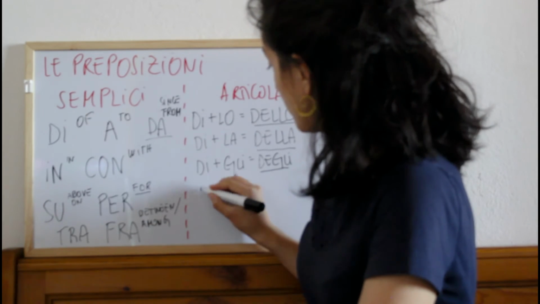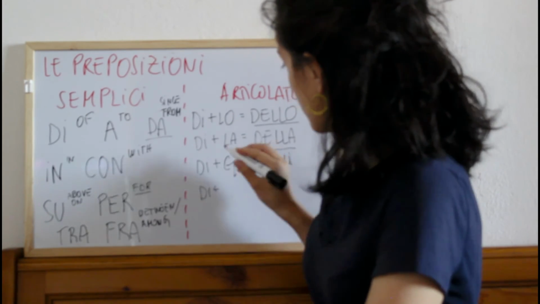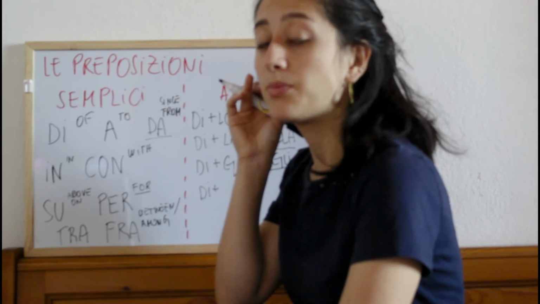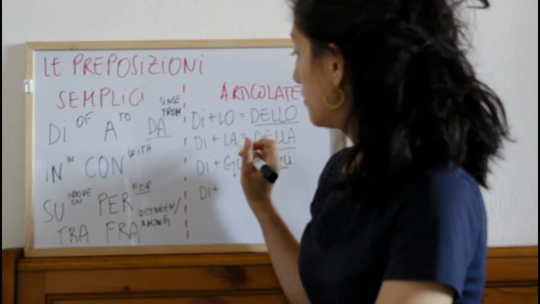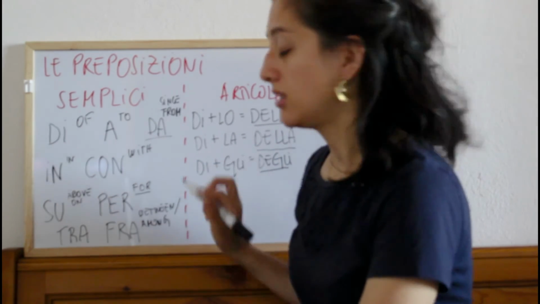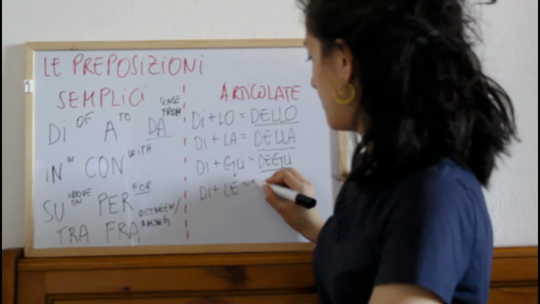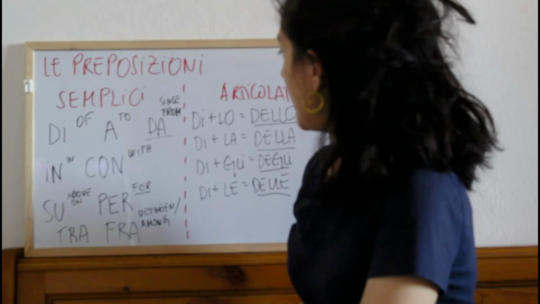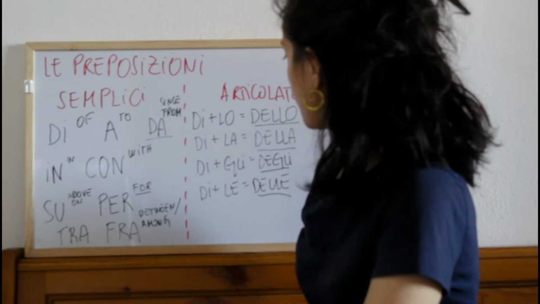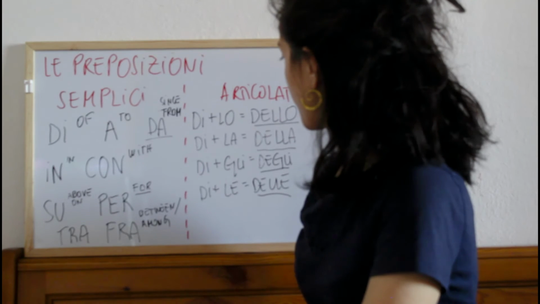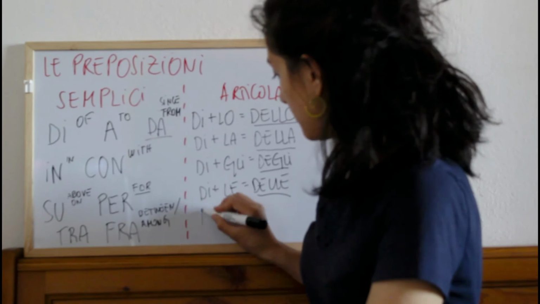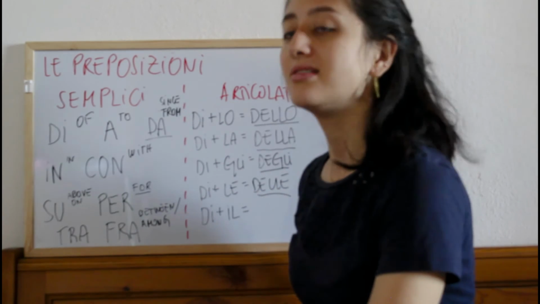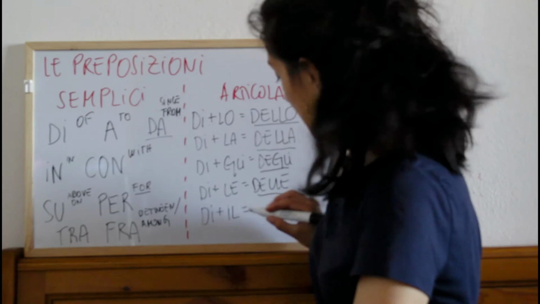If you need to introduce a word which is female and plural, so with the article you would use le, then it's delle. If you use di plus il, it's not dil, but it's del.